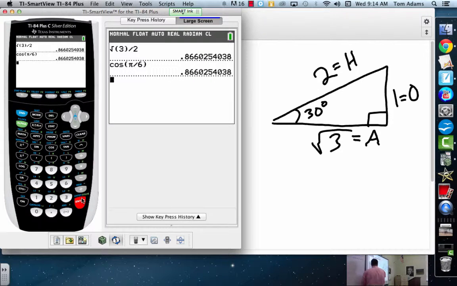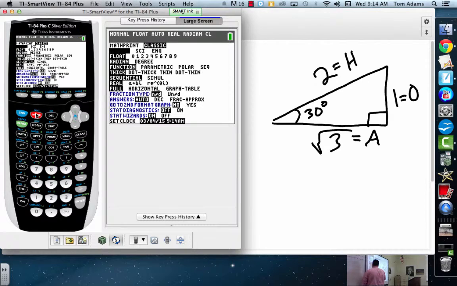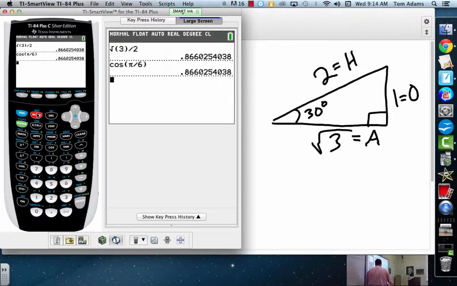So now I'm going to switch my mode, and you guys are probably doing the exact same thing because you want to learn how to use your calculator in addition to learning trigonometry. Now that I'm in degree mode, that should be the same answer, right? Cosine of 30 degrees is 0.866.